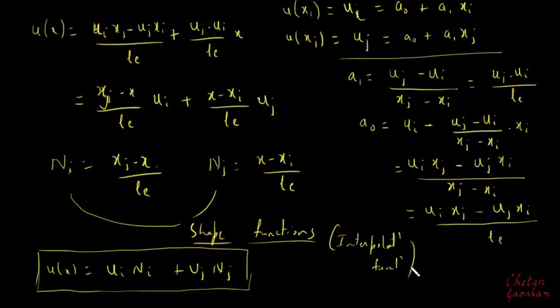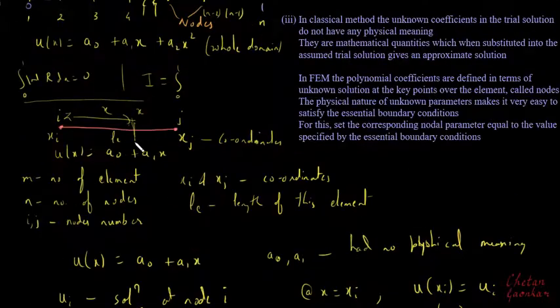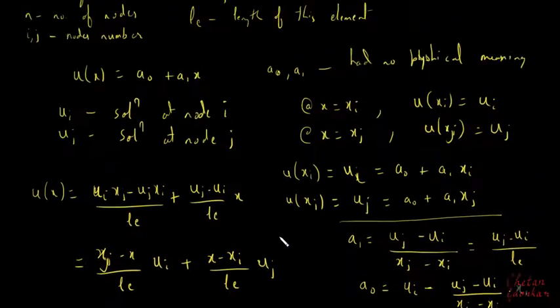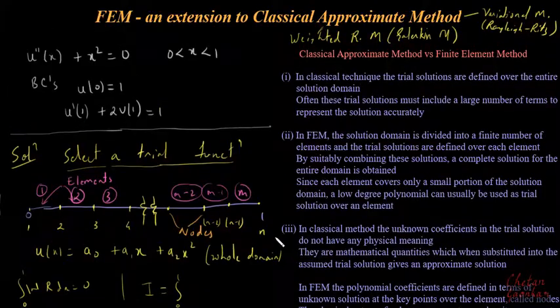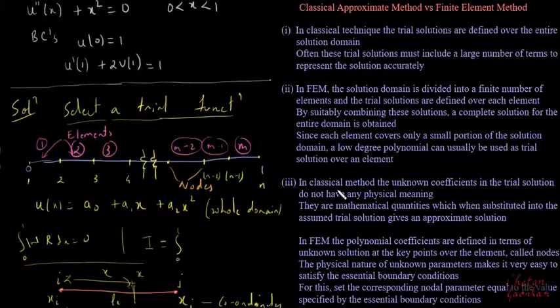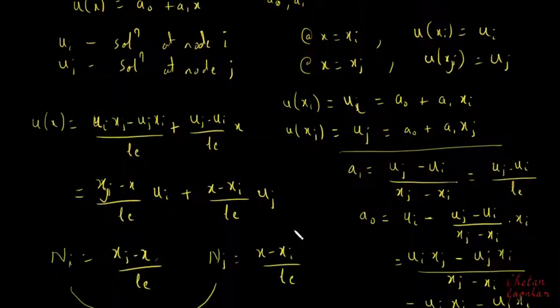It will interpolate the result and give me the solution at any value of x. But let me remind you again, those will be only the interpolated results from the nodal results. So this is the second major difference between the classical approximate method and the finite element method. All these differences I have listed down here. You can go through them again.